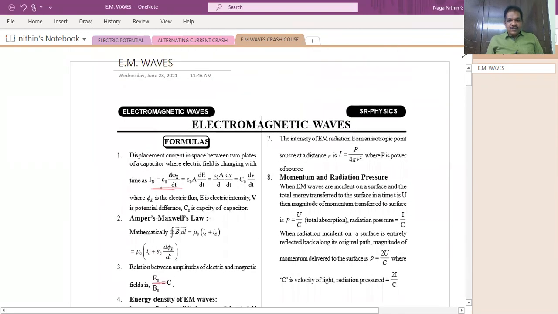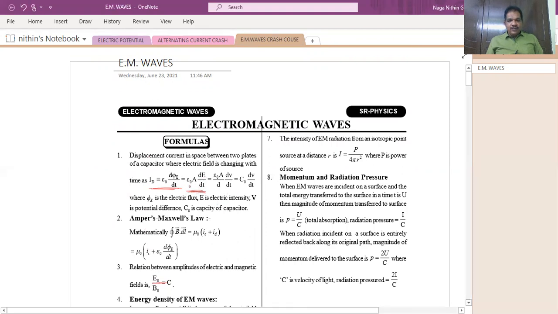The formula for the displacement current is epsilon naught into d phi E by dt, where phi E is the electric flux. Phi E is equal to E into A, and area will be constant. So another formula is epsilon naught A into dE by dt.